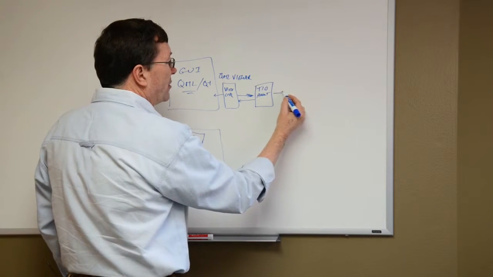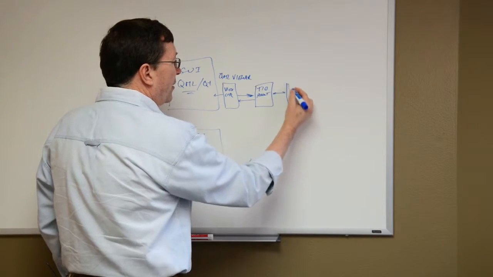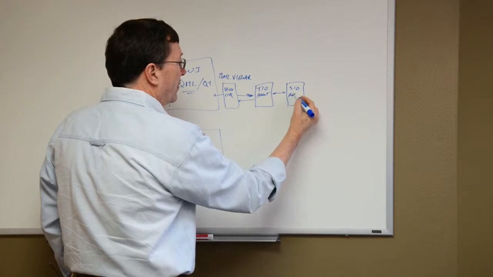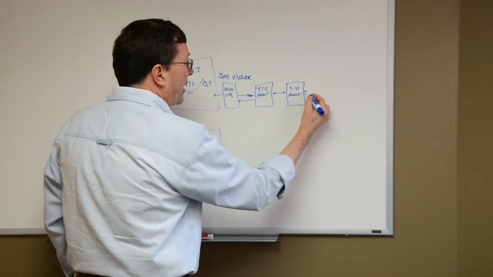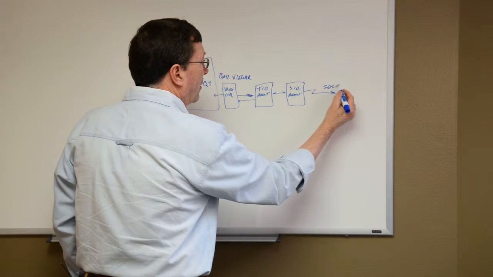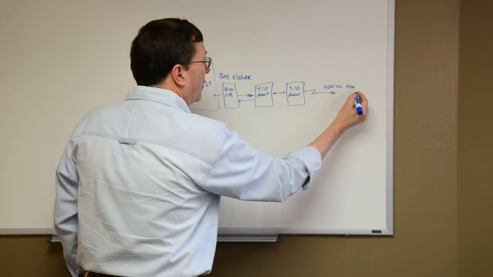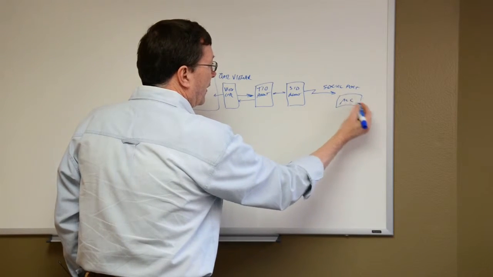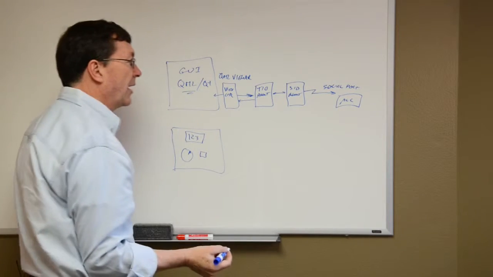So you've got the TIO agent, and then it talks to an SIO agent, SIO. And this actually talks to the physical serial port. And that would go to the embedded microcontroller that's doing your underlying core functionality.